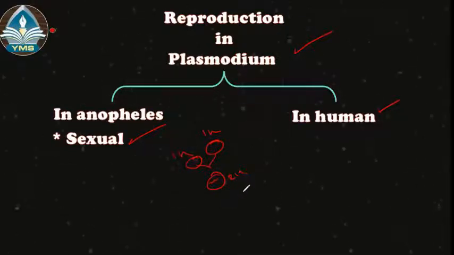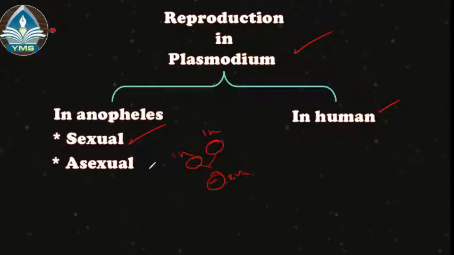This is what type of reproduction? It is sexual. Also we have asexual reproduction in the mosquito, when this zygote divides to give us many sporozoites. This is asexual. So in the mosquito we have sexual and asexual.